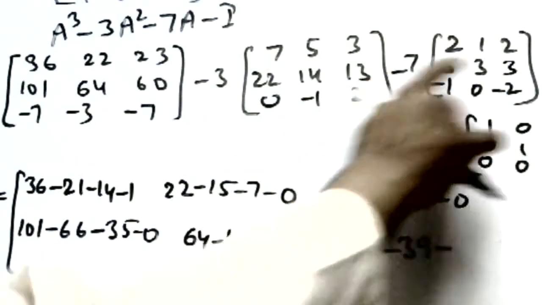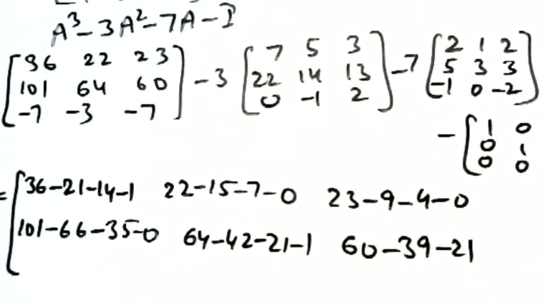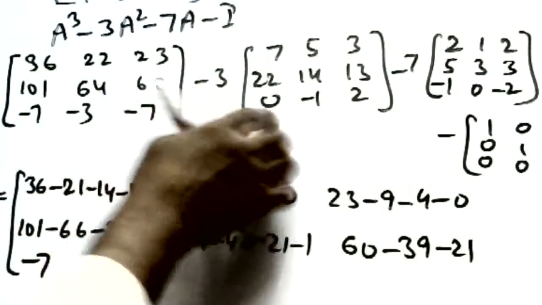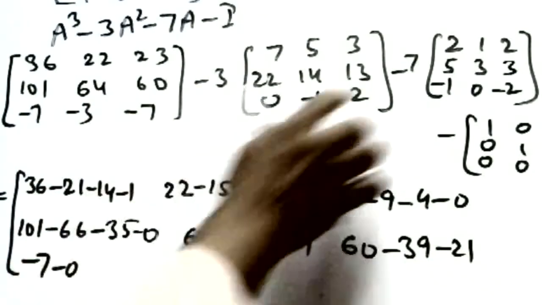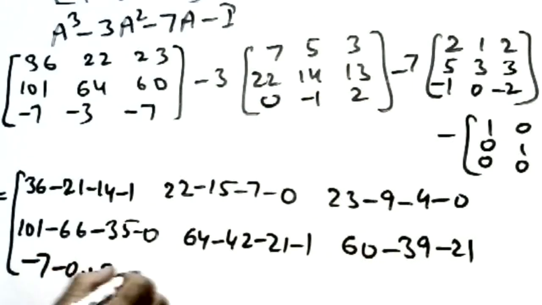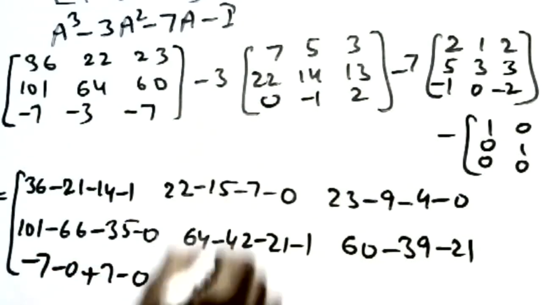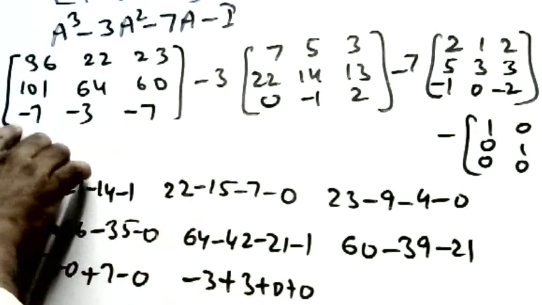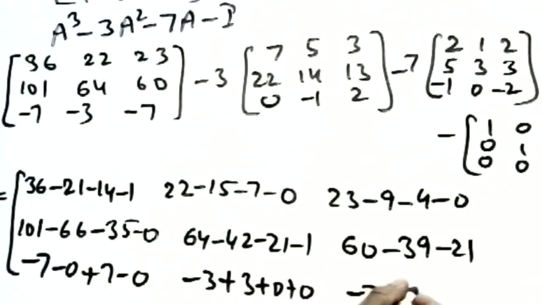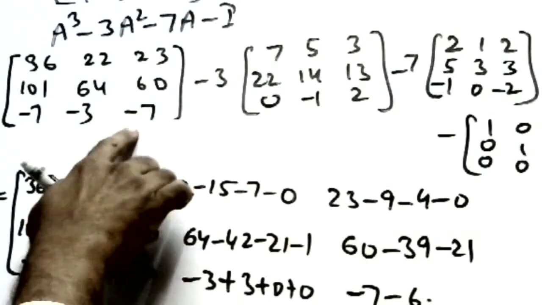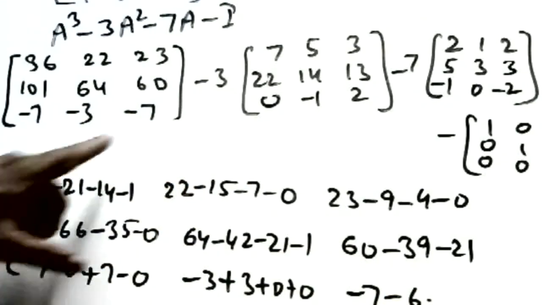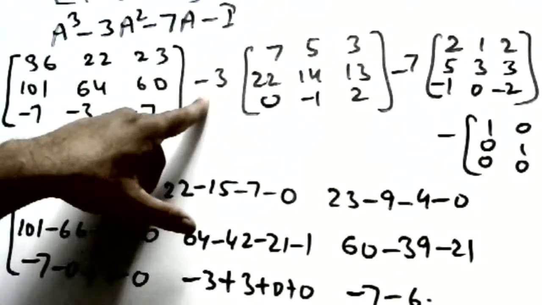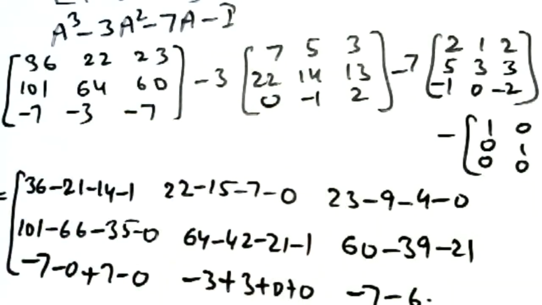Here I wrote 0, actually it's 3 here, minus 7 3s is 21. Now in this last step, minus 7, 3 into 0 is minus 0, minus 2 is plus 7, minus 0. Here minus 3, minus 2 is plus 3, plus 0, plus 0. Lastly minus 7, minus 6, minus into minus plus 14, minus 1.